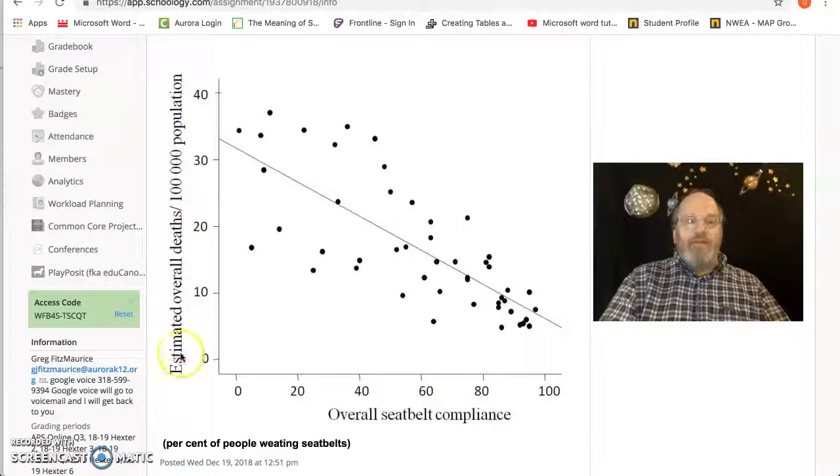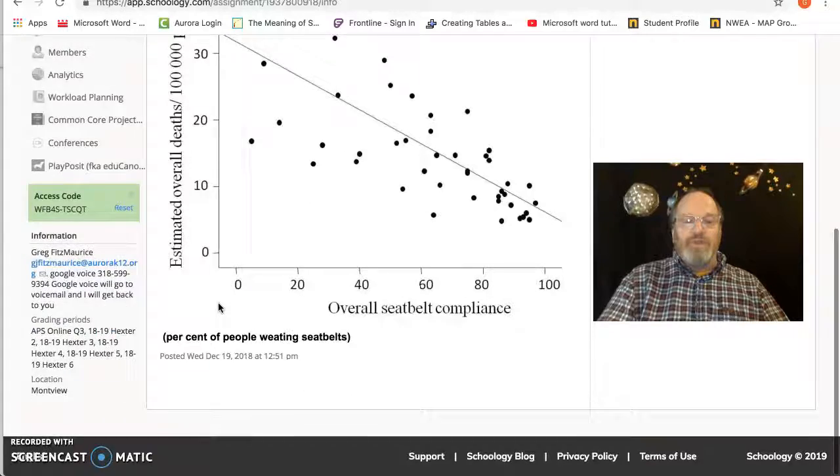The y-axis or the vertical axis is the one that depends on how you manipulated this graph. So if you look at this graph, okay, here, this was 100% of people wearing seatbelts. This was 80%. And then you look at the plots and you're going to explain to me the correlation between those two items.